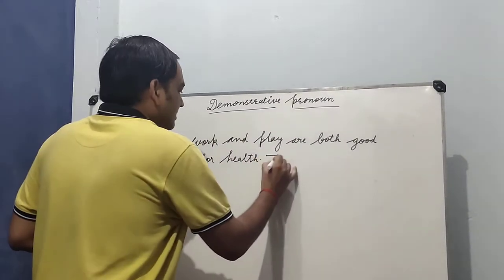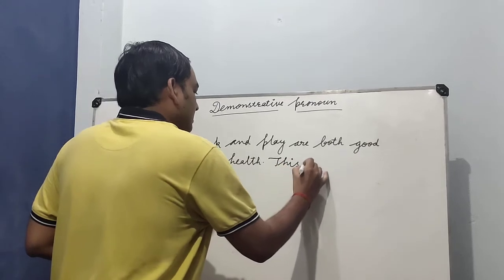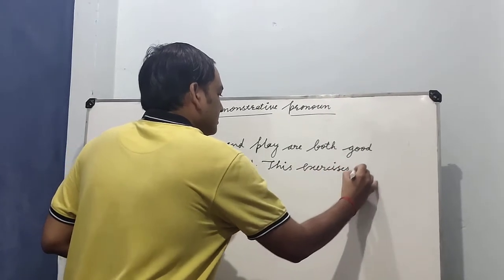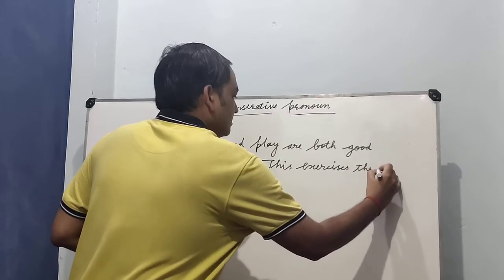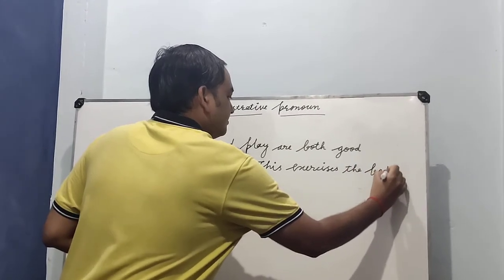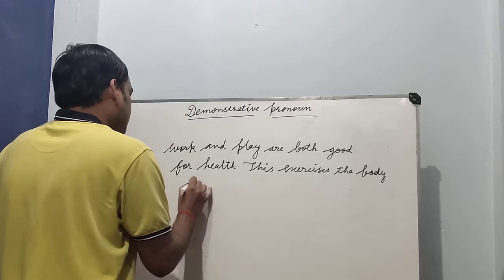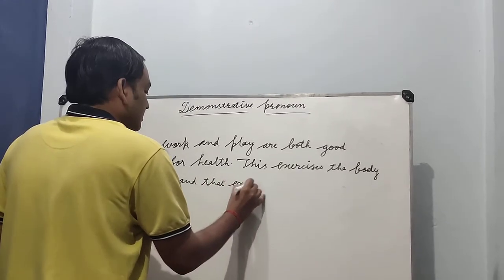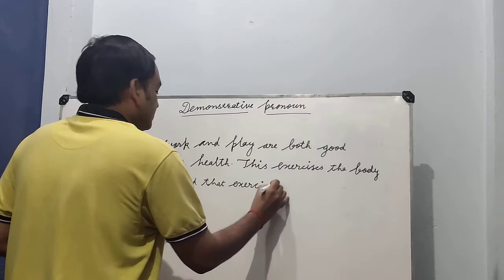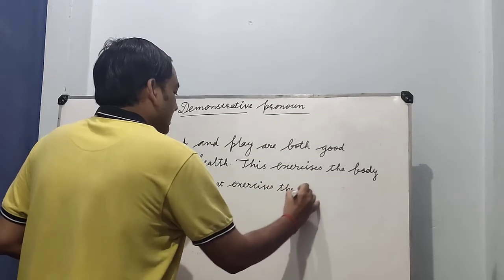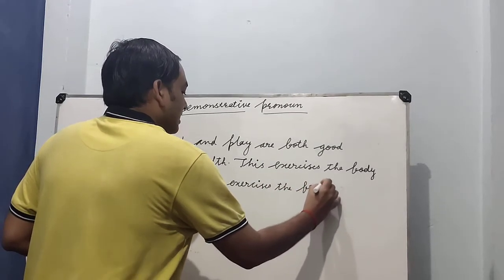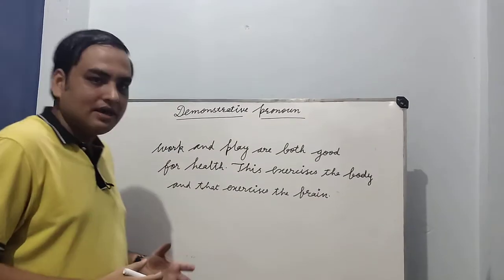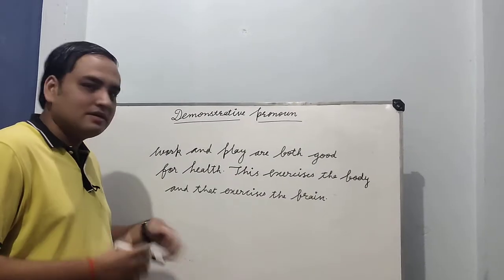Then we will write here, this exercises the body and that exercises the brain. So guys, what is the difference in the use of this and that? This represents the nearest thing.